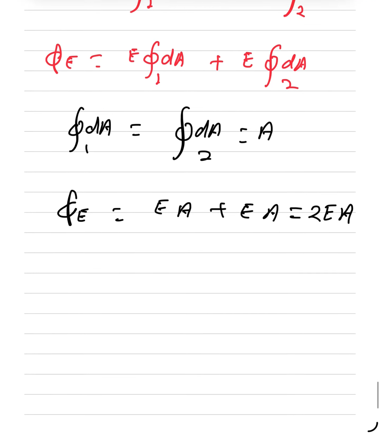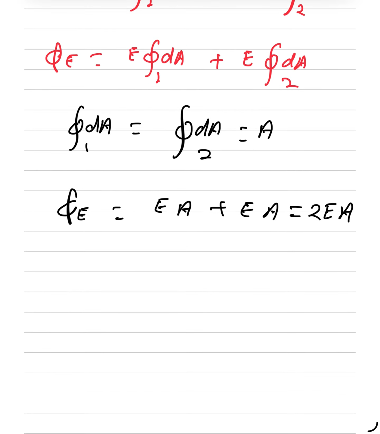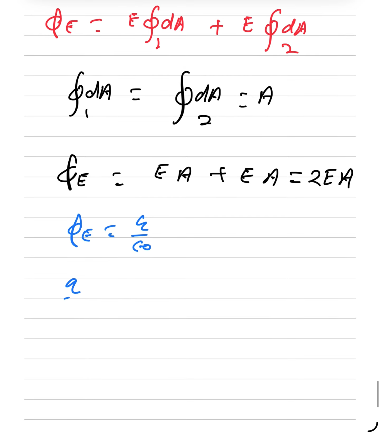This is the value of the electric flux, and phi E equals Q divided by epsilon naught, meaning Q divided by epsilon naught equals 2EA.